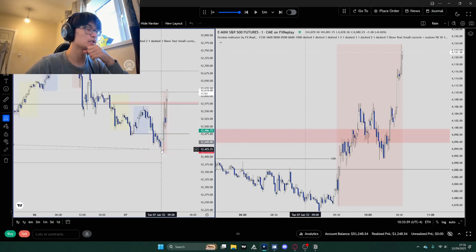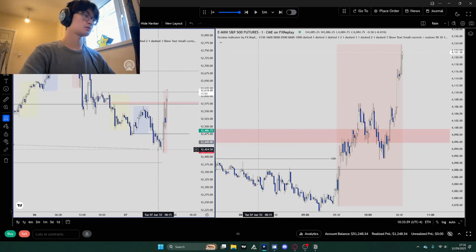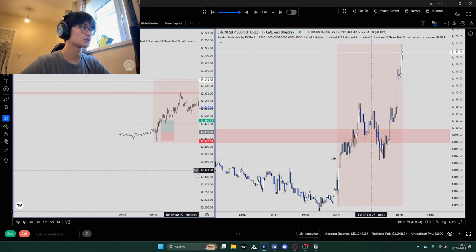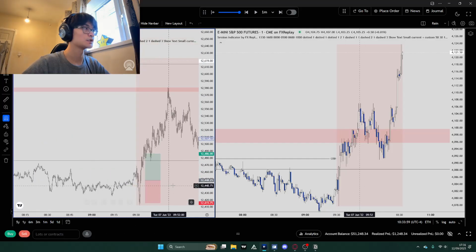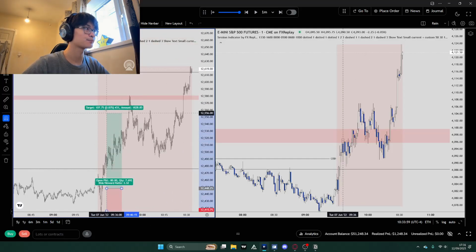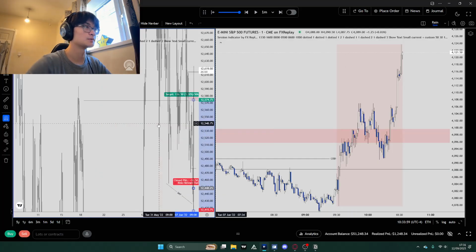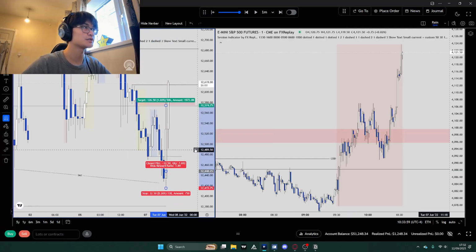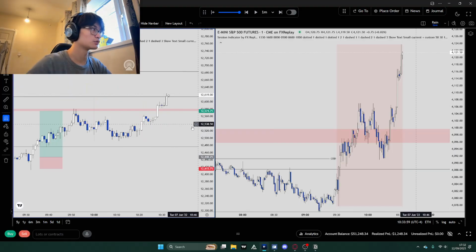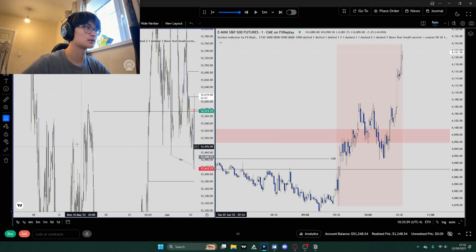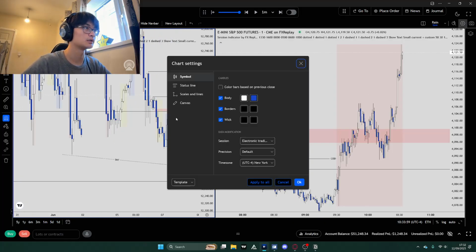See, this would be like a good trade as well, except that's just on the 15-second. This is a beautiful trade. Targeting probably the inefficiency rather than this high, or rather this swing high here on London.